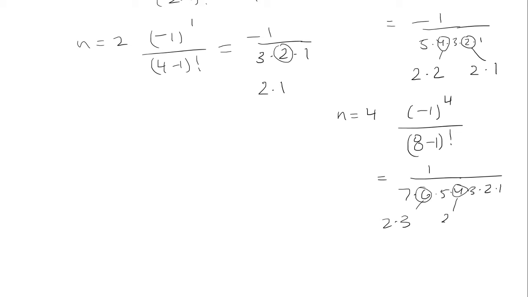This 4, 2 times 2. And this 2 as 2 times 1. So notice, you're always going to have a 2 outside here, multiplying it. And then it's going to be a 2 to a power, and then you're going to have the rest, 3 times 2 times 1, which is 3 factorial.